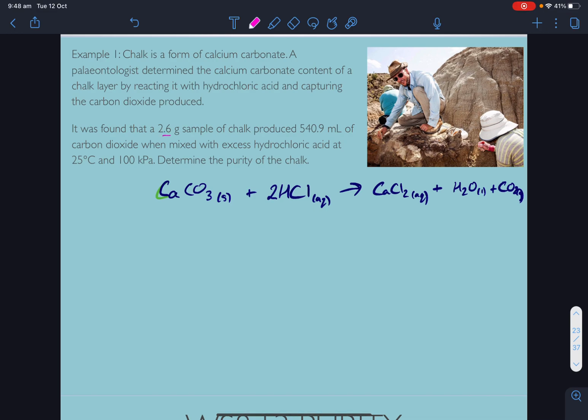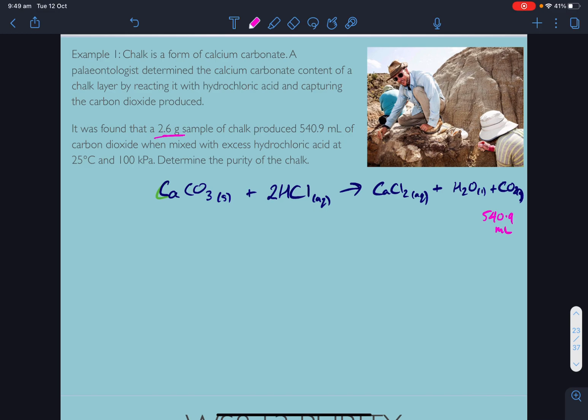From the question, we had a 2.6 gram sample, but we don't know if we had 2.6 grams of calcium carbonate. What we do know is that 540.9 milliliters of carbon dioxide were produced. From there, we can find the moles of carbon dioxide, go back and find the moles of calcium carbonate, then the mass of calcium carbonate, and then use the formula for percentage purity.